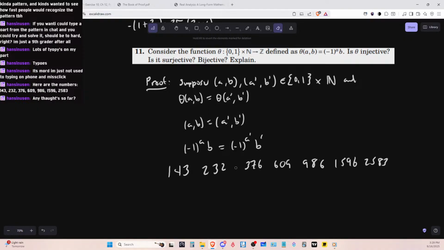Interesting. Well, it's not obvious, so the pattern is not the differences. Well, let's see. This one's odd. This one's odd. This one's even. Even. Okay, so it's not their parity, I think that's how you pronounce that.